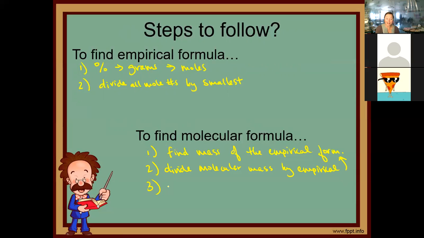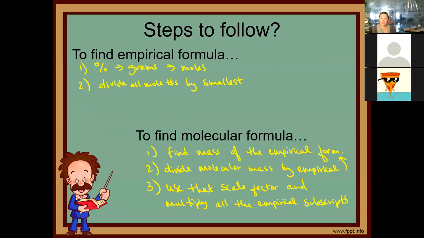That's going to give us a scale factor. What are we going to do with that scale factor? We're going to multiply all the subscripts in the empirical formula by that scale factor. Good? Questions?